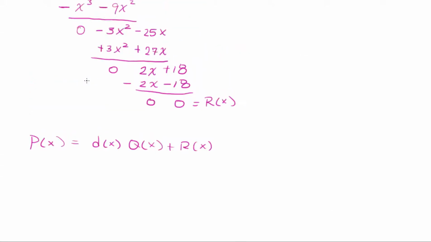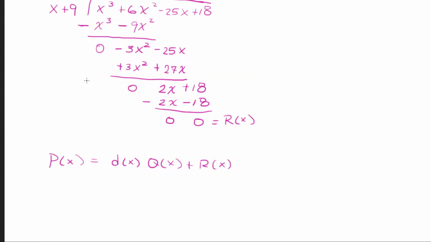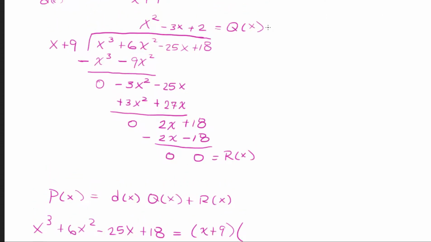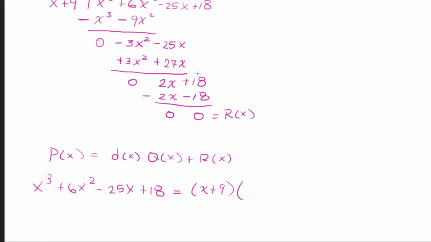What's p of x is this big term here, x cubed plus 6x squared minus 25x plus 18. That's p of x. D of x is the divisor, which is x plus 9, times your quotient, which we found to be x squared minus 3x plus 2.